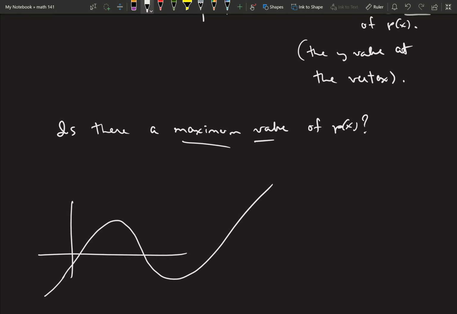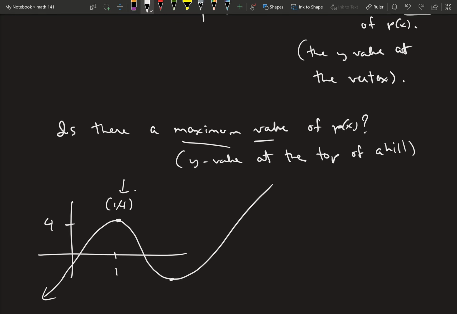Pretty much a maximum value is the y value at the top of a hill. So if you had the top of a hill right here, suppose this was 1 and this was 4, this number 4 would be a maximum value. It's actually called a local maximum value, but that doesn't matter.